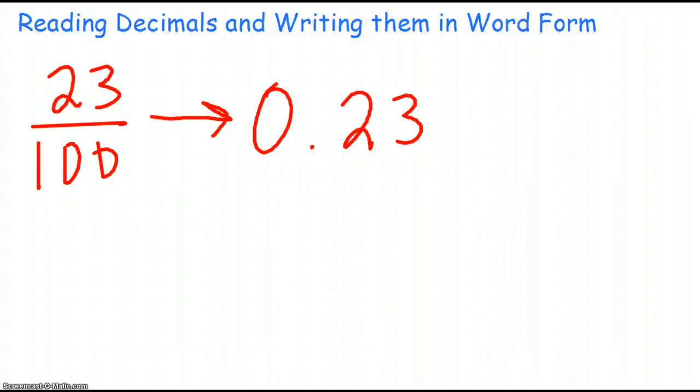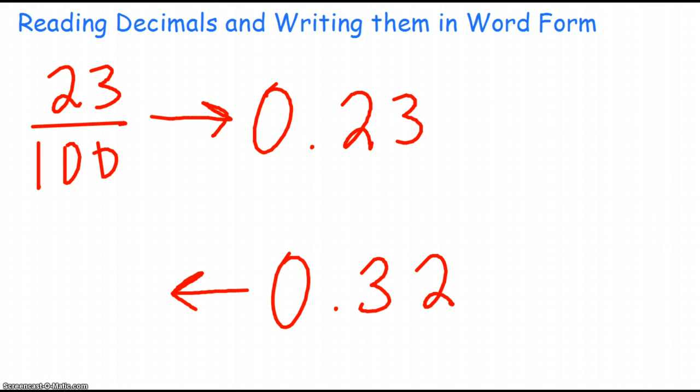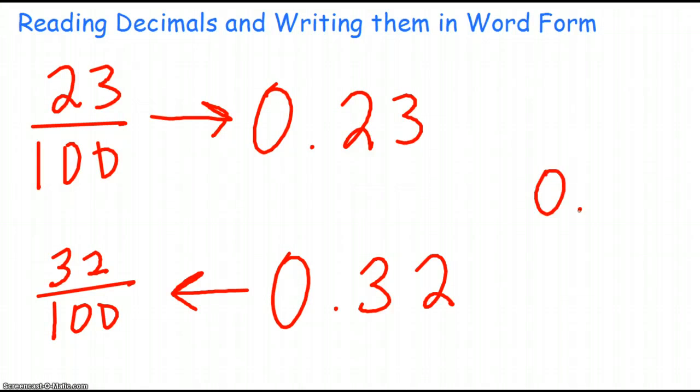Now, if I don't have the fraction, sometimes what I like to do is if I see the decimal, I like to rewrite it as a fraction. That helps me pronounce it. 32/100ths. Another way you can look at it is by just looking at the place values.